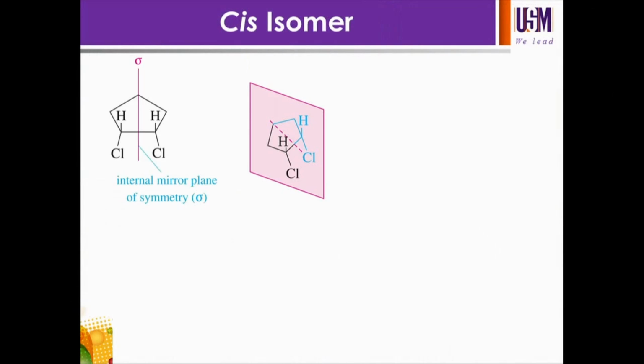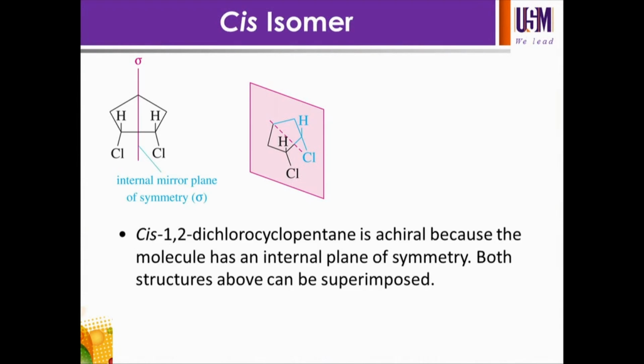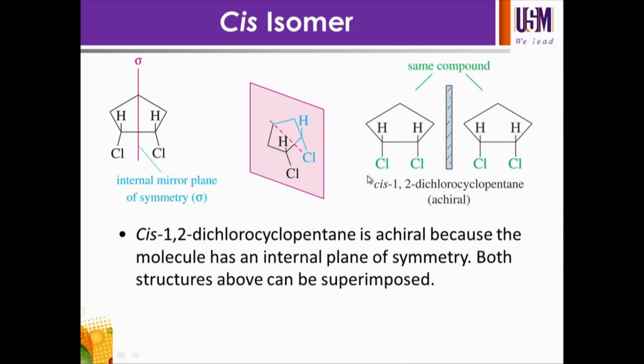Okay, cis isomer. Here we have cis-1,2-dichlorocyclopentane. We can place an internal mirror plane of symmetry inside the molecule. We can cut through the molecule in half and we will have an identical image of each other. So when we place this cis-1,2-dichlorocyclopentane in front of a mirror, we will have an identical compound.